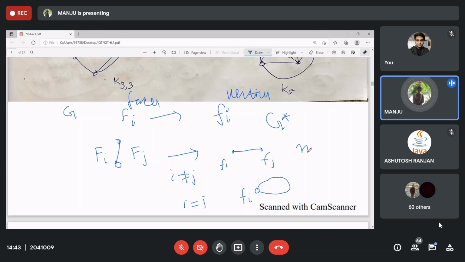So M will be equal to M star, or here we are using E and E star for the number of edges. And here N will become, not N, faces, the number of faces, F. So N star is F, and N becomes F star. Clear?